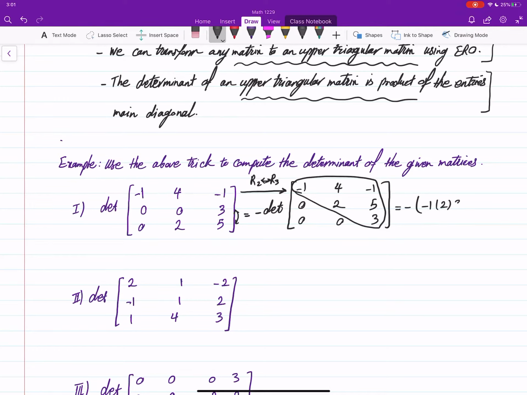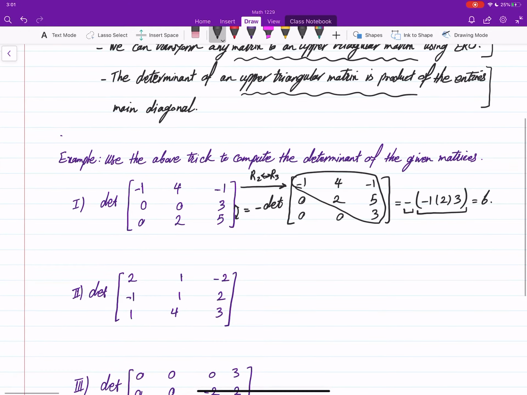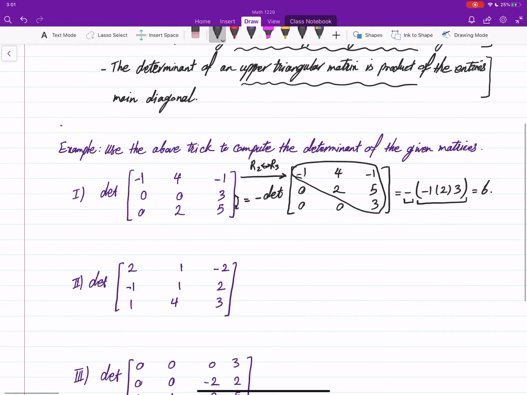Just multiply entries on the main diagonal, and that will give you the determinant of the original matrix. This is the part for the upper triangular. This is the part from the changes introduced by the elementary row operations.